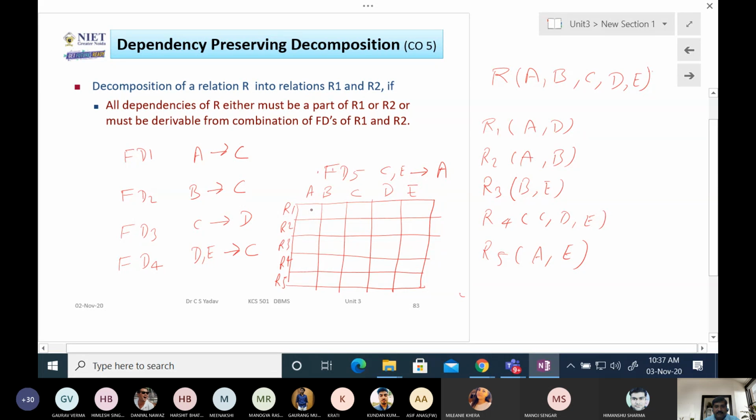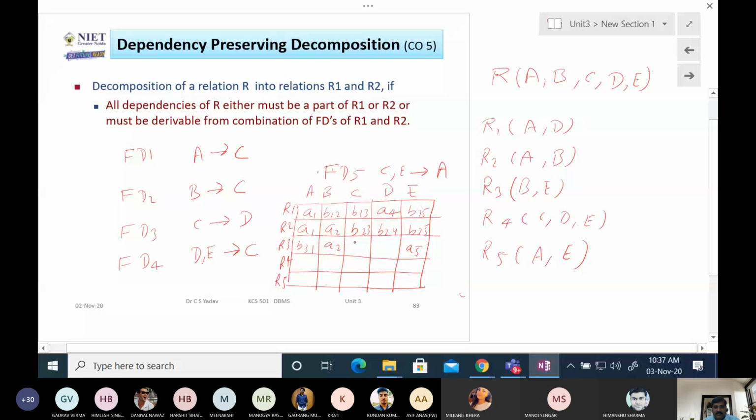For R1, AD, this is A1, and at D it is A4. Then for R2, A1, A2, and the rest of the cells are initialized with B23, B24, and B25. And for R3, A2, A5.